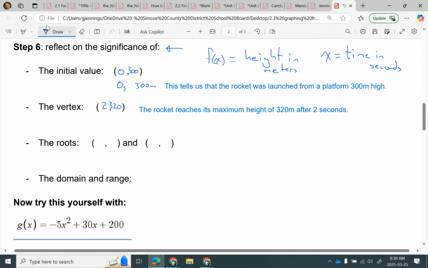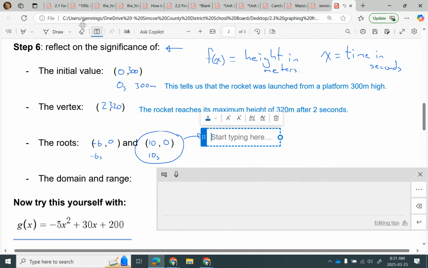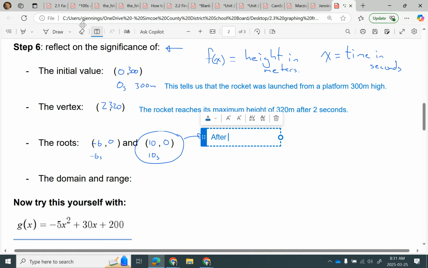Yeah. Okay. And then we've got roots. So our roots were -6, 0 and 10, 0. So this is -6 seconds, and this is 10 seconds. Talk to me about this root first. What does that mean in this context? Where the rocket hit the ground.